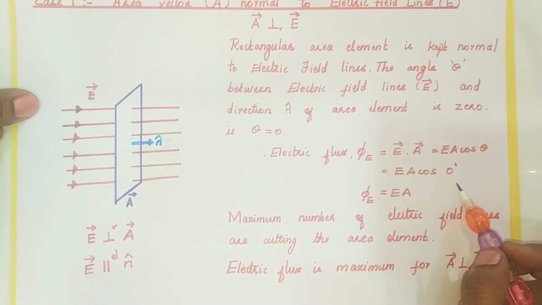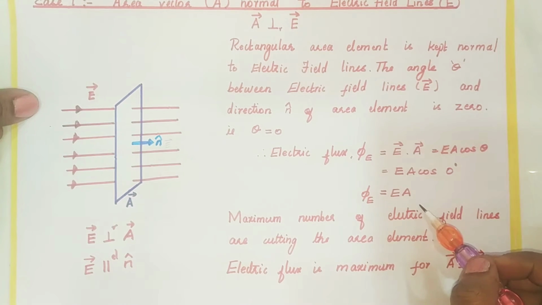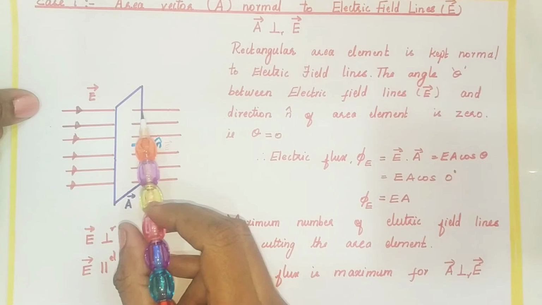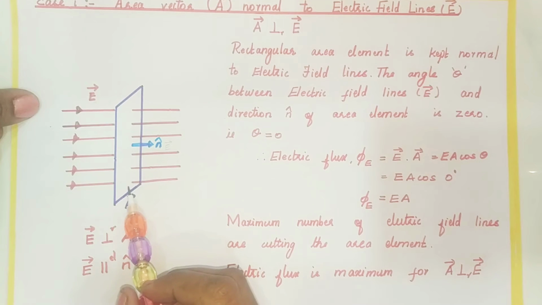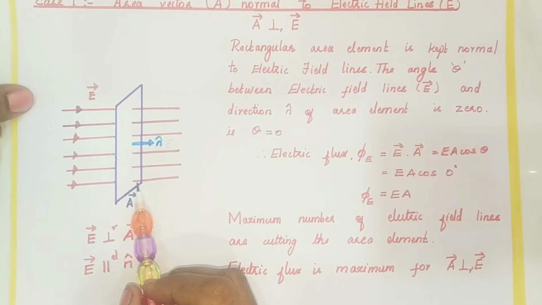So the angle between them is 0 degrees and phi E is equal to EA. And we can say maximum number of electric field lines are passing through this rectangular area element. So the electric flux is maximum when the electric field and the area element are perpendicular to each other.